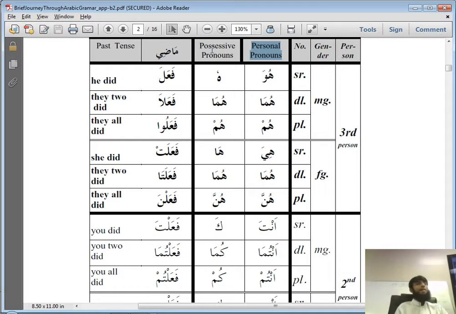You don't say, I invited he to class, right? So this section is telling you what you would use in Arabic for possession or for the object form. Instead of saying him or his, you would say hu.